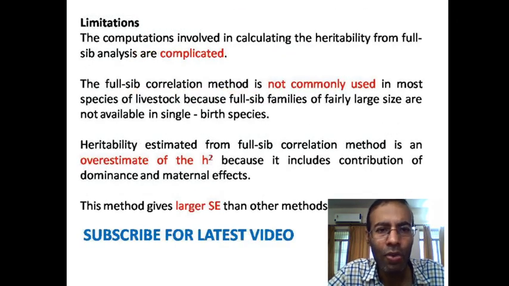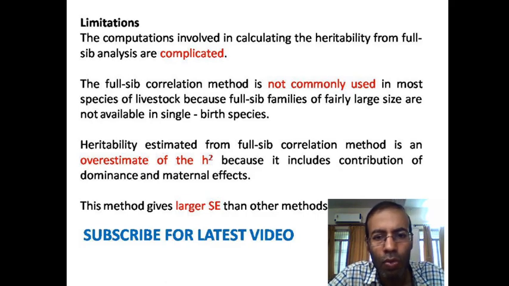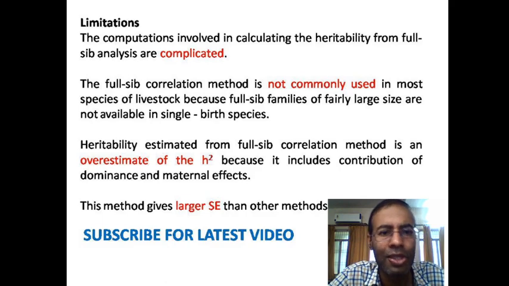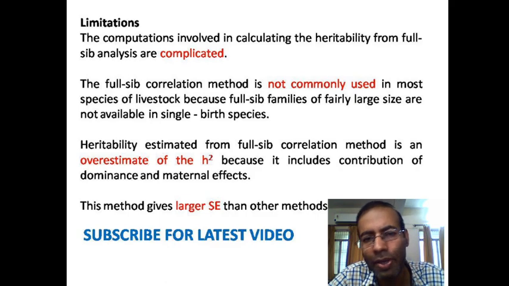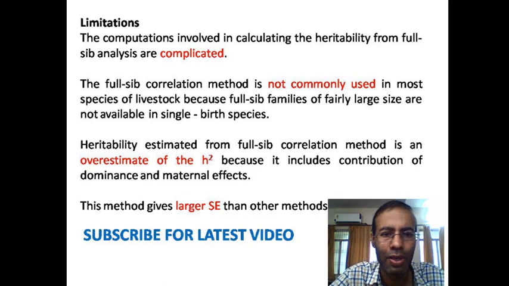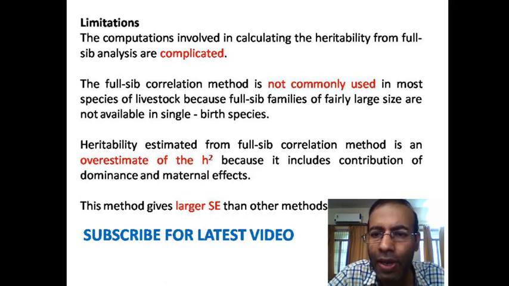The limitations of the full-sib method are, first and most important, this analysis is very complicated. Generally the full-sib correlation method is not commonly used in most species of livestock because full-sib families of fairly large size are not available in single birth species.